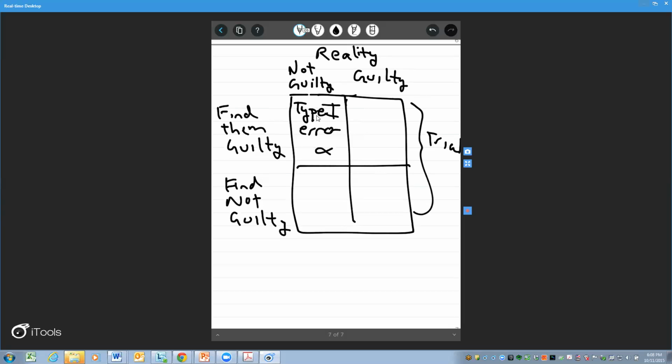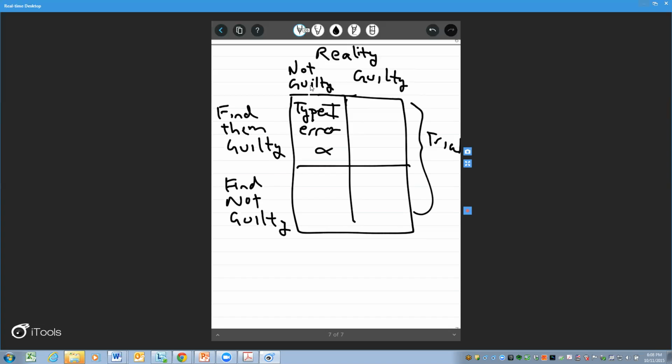This is a great illustration as to how we set that level. Our justice system is based off of the idea that a person is not guilty or they're innocent until proven guilty. So we go in with the assumption that they are not guilty. We set a very high threshold for finding them guilty.